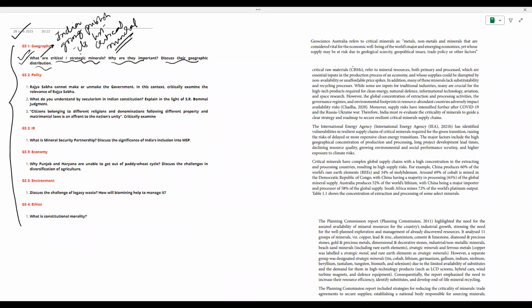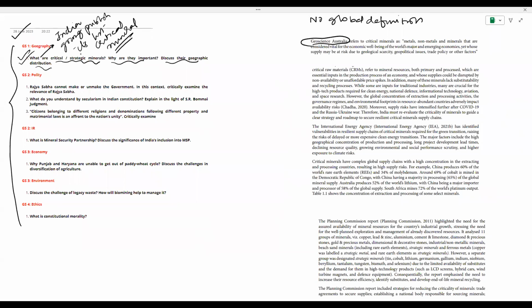Guys, there is no global definition. Every country has its own definition of critical minerals. Let us see one definition by Australia.